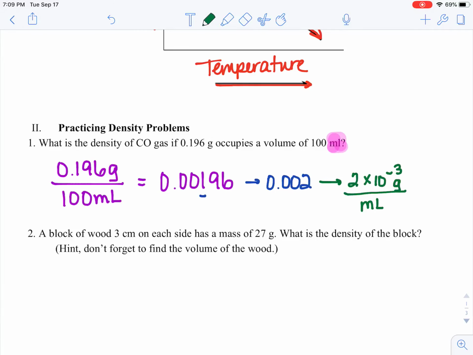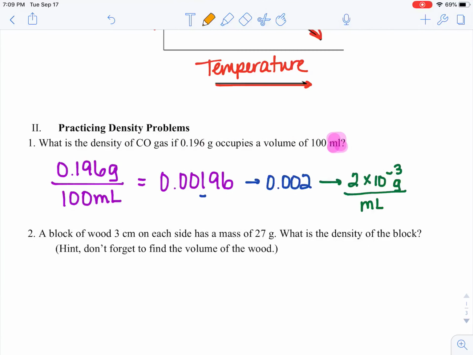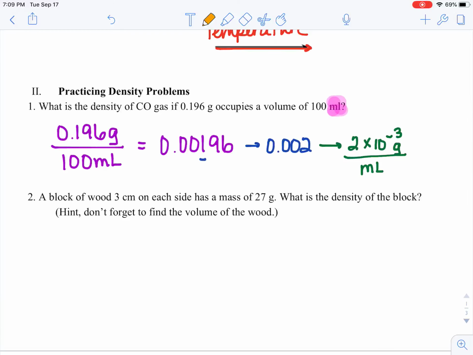In our second example here, we have a regular solid, and we're told that we have a block of wood. So this is similar to the process that you did in the measurement lab as well.